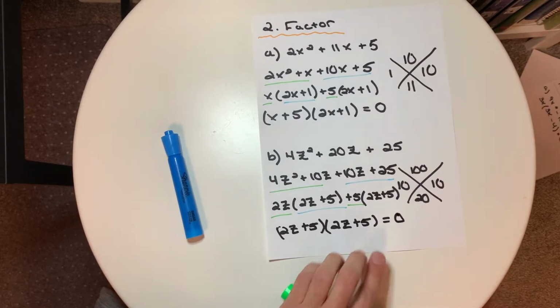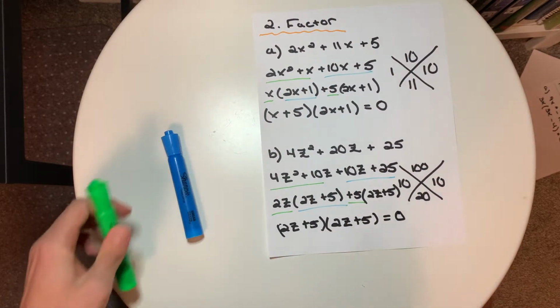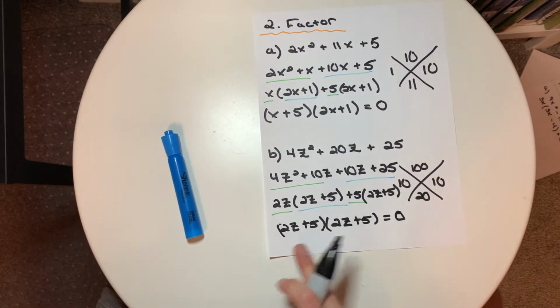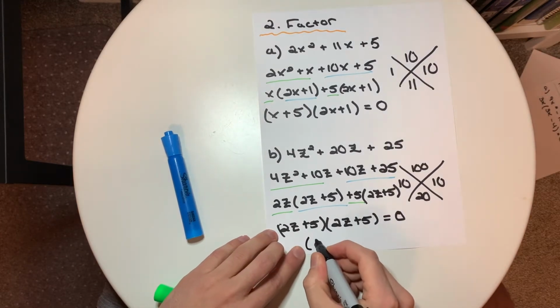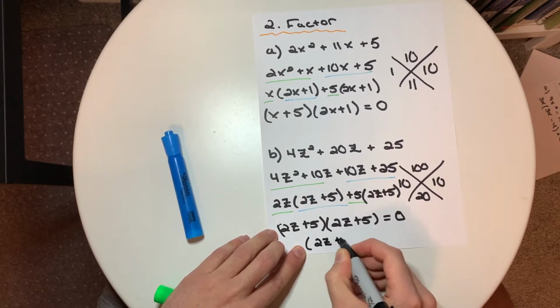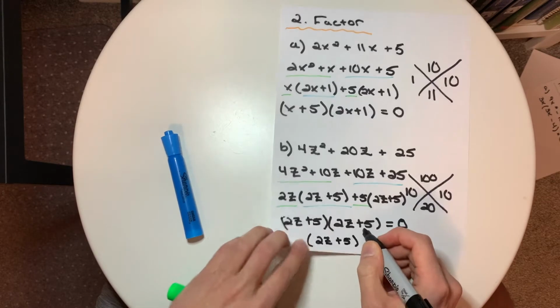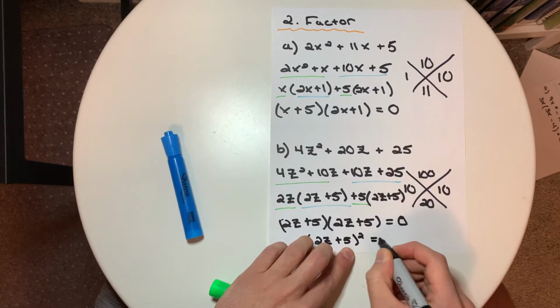But there's something unique we should notice about this problem that's a little different than the other two. We got the exact same factors from both of them, so if we have two of the exact same term, we can just say it's squared. (2z plus 5) squared is equal to 0.